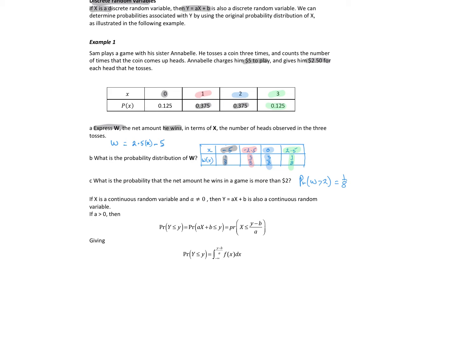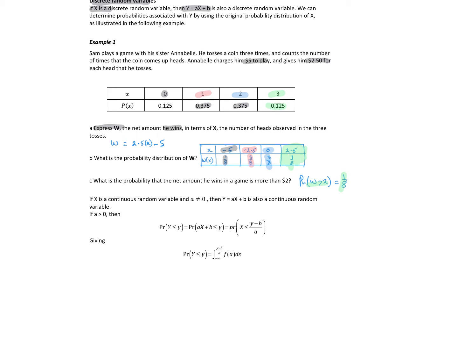Each of those outcomes is really 2.5x minus 5. So the probability of winning more than $2 is obviously just the last outcome: I need 3 heads to win more than $2, so the probability is 1/8.